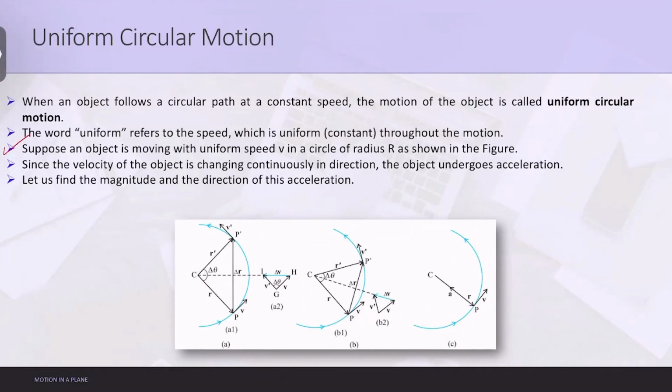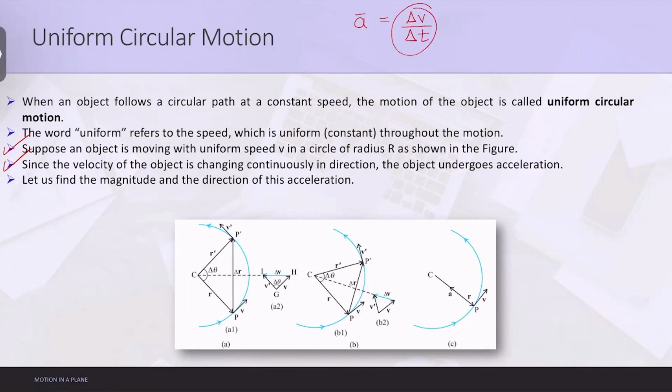Suppose an object is moving with uniform speed v in a circle of radius r, as shown in the figure. Since the velocity of the object is changing continuously in direction, the object undergoes acceleration. We know acceleration is nothing but delta v upon delta t.